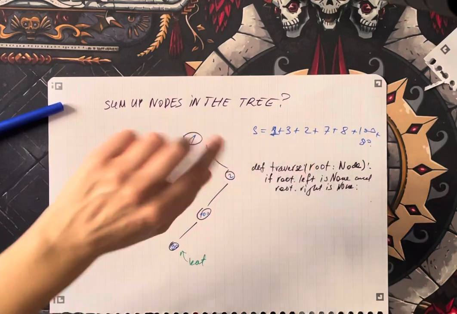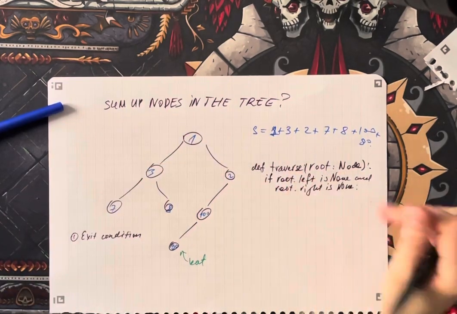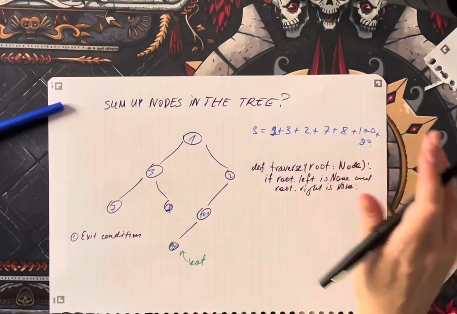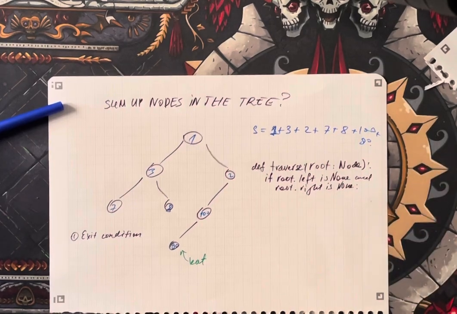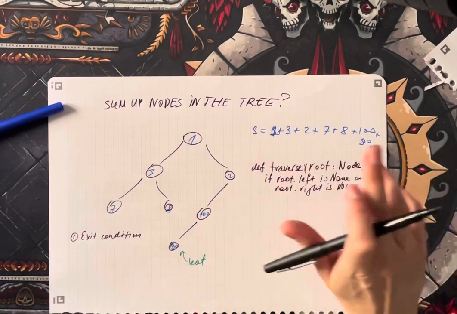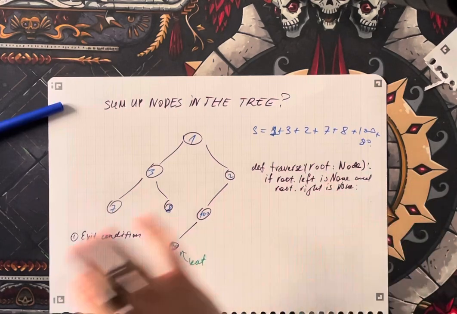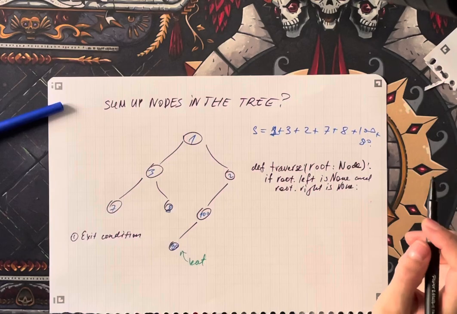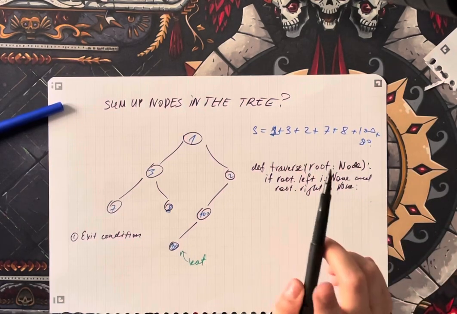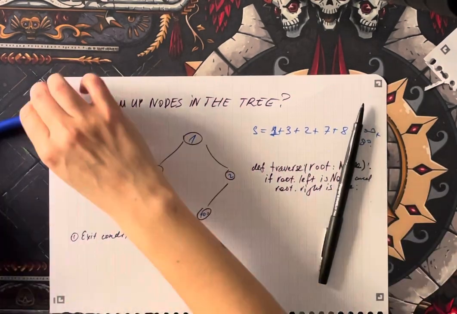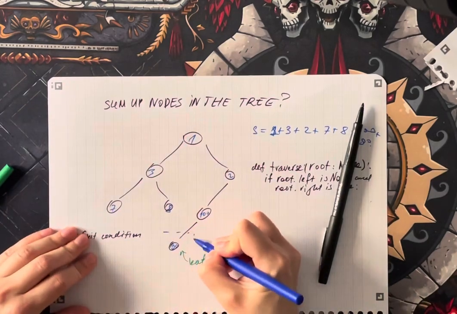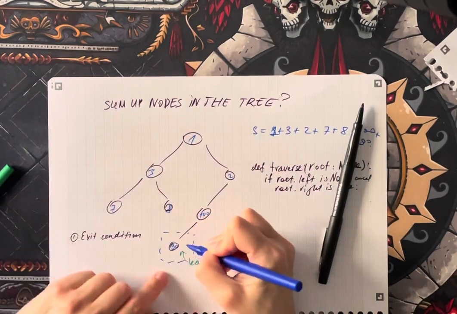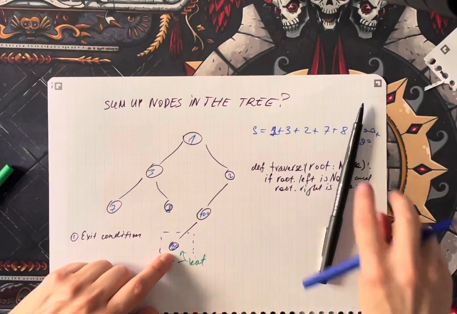So in this method that I call traverse, we actually want to compute the sum, right? I called it traverse to make it a little bit more generic, but we'll do a simple thing and compute the sum. So what is the sum of a tree that consists of one node? If we take a look at just this little subtree, well, obviously it's just the value of the node.